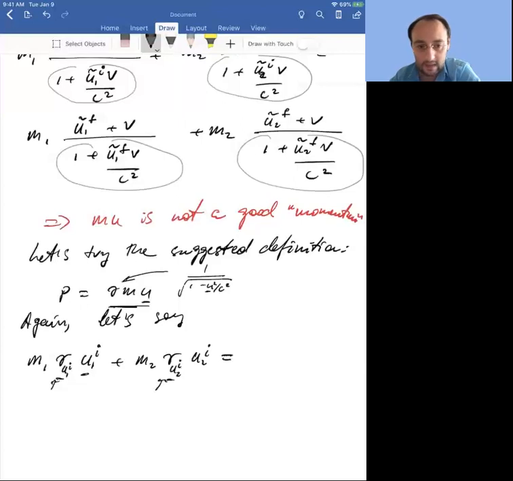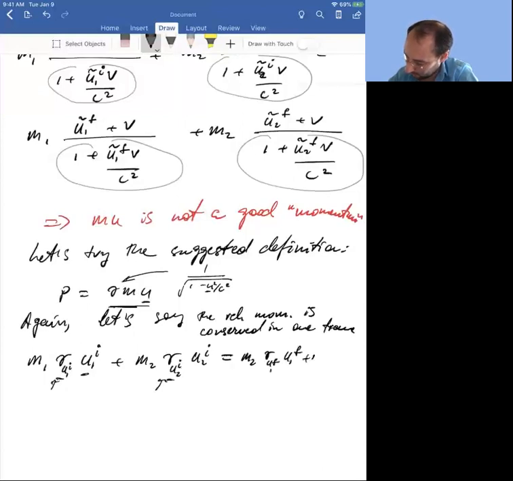Okay, so let's say it is true that the relativistic momentum is conserved in one frame. A little bit of a mouthful, I know.